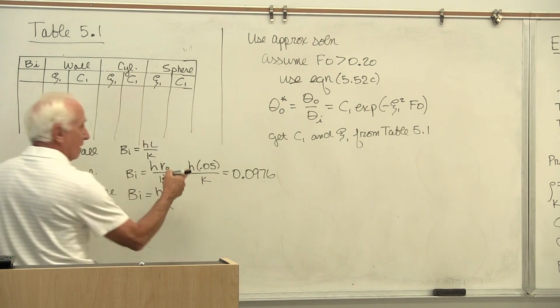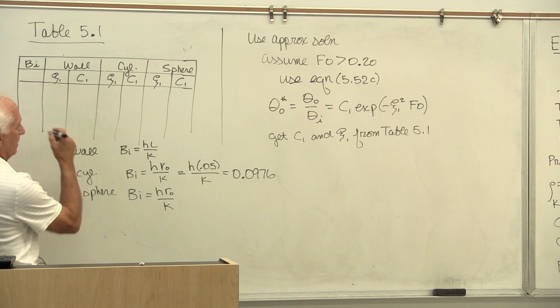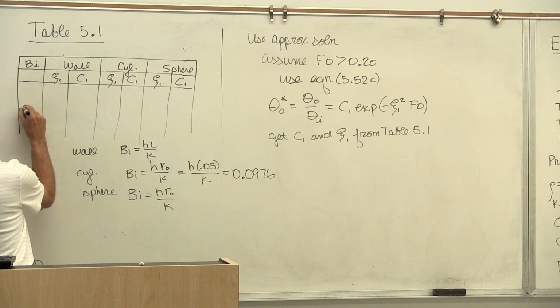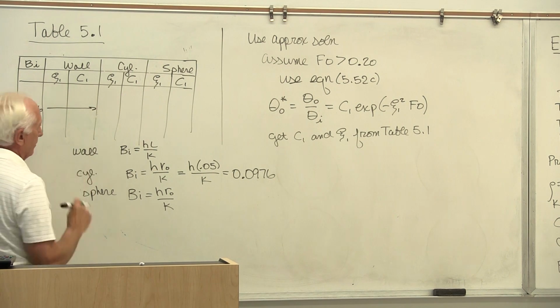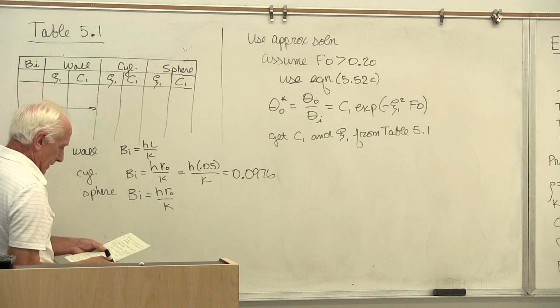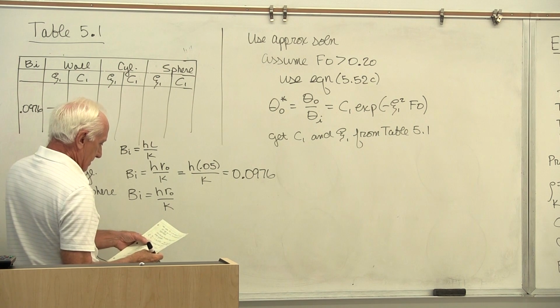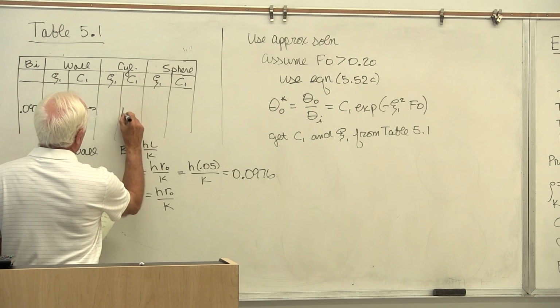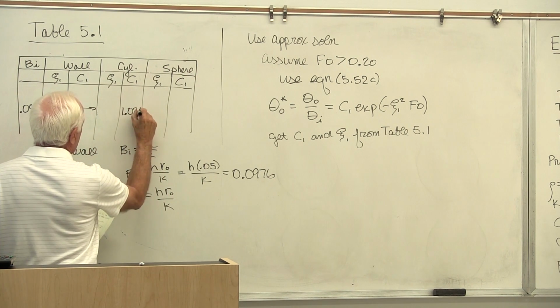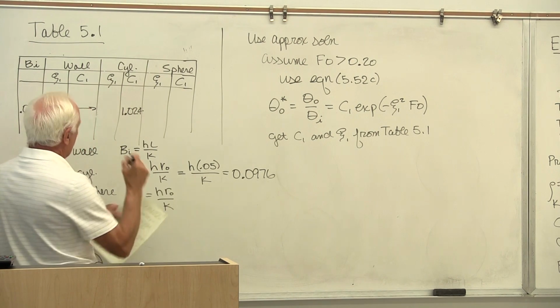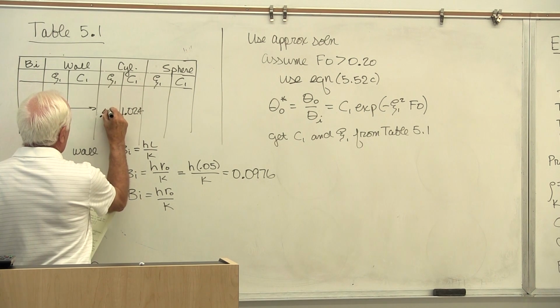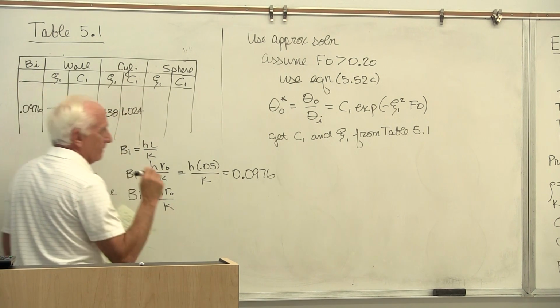Go to table 5.1, find the Biot number, interpolate. Go to the cylinder, right there. Get the value of C1, 1.024. Interpolate. Get the value of zeta 1, 0.438. There it is right there.